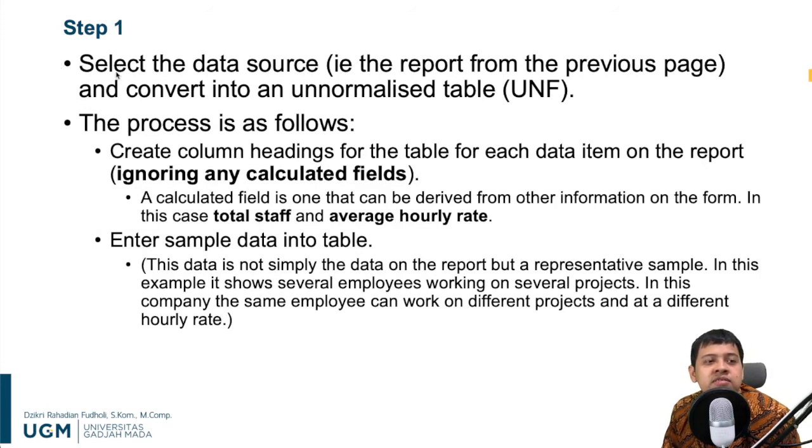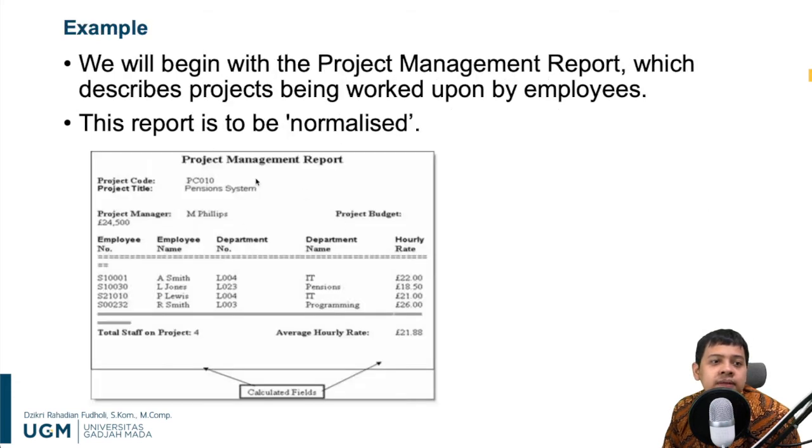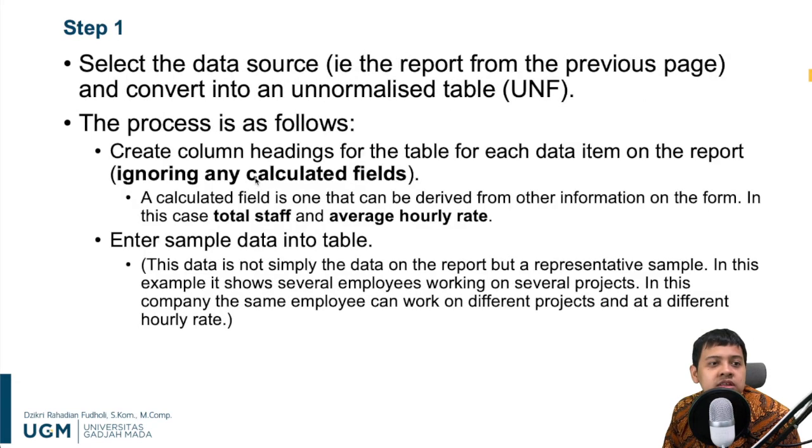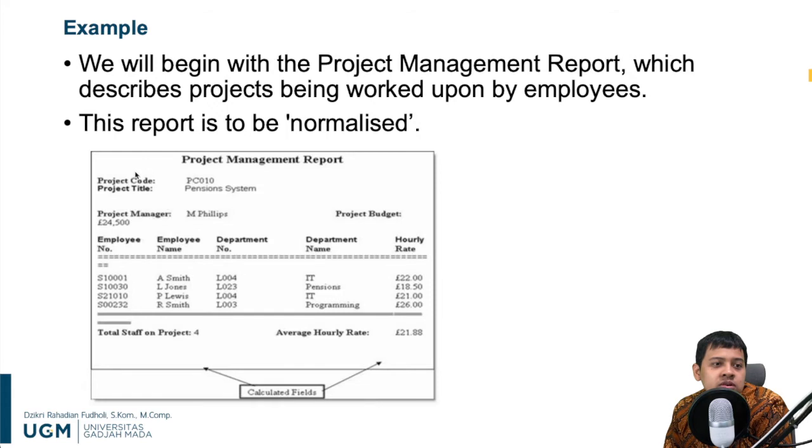The first step is to select the data source, which is the project management report, and then convert it into an unnormalized table, or UNF. The process is as follows. We create column headings for the table for each data item on the report, like the project code, project title, project manager, project budget, and so on.